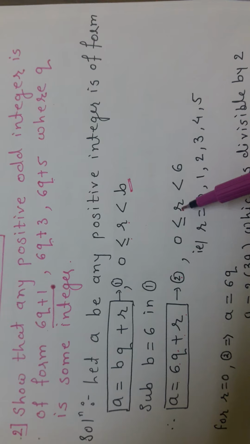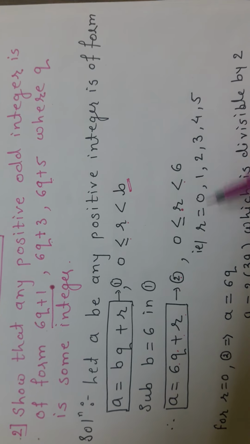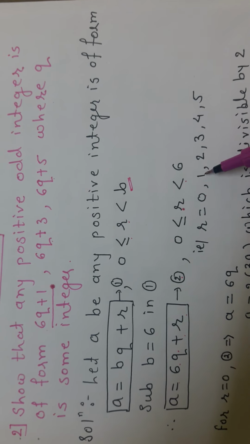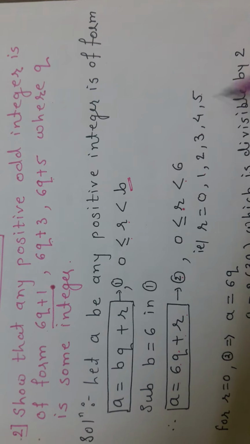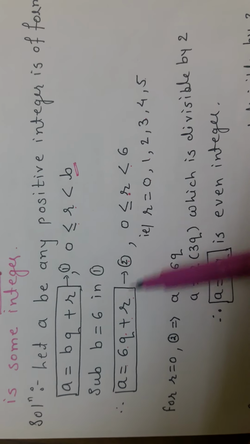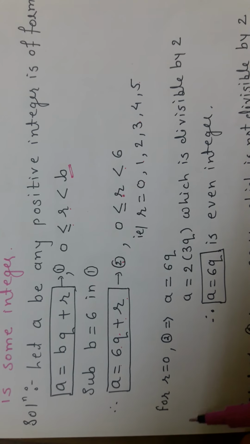The condition will be r is greater than or equal to 0 but strictly less than 6. Means here the value of r should be 0, 1, 2, 3, 4, 5. Now one by one we will substitute the value of r in equation 2. We will see what we are going to get.